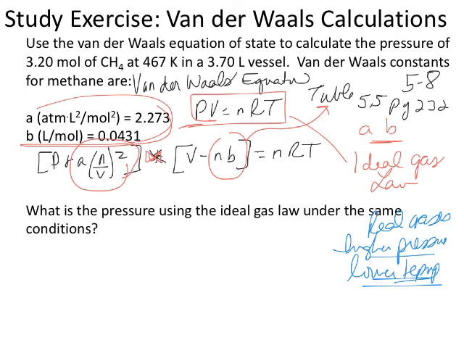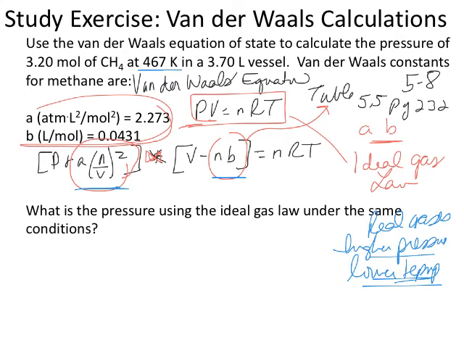And the van der Waals calculations have terms where they can adjust the pressures and volumes based on the conditions. So you're correcting for the pressure and your volume.